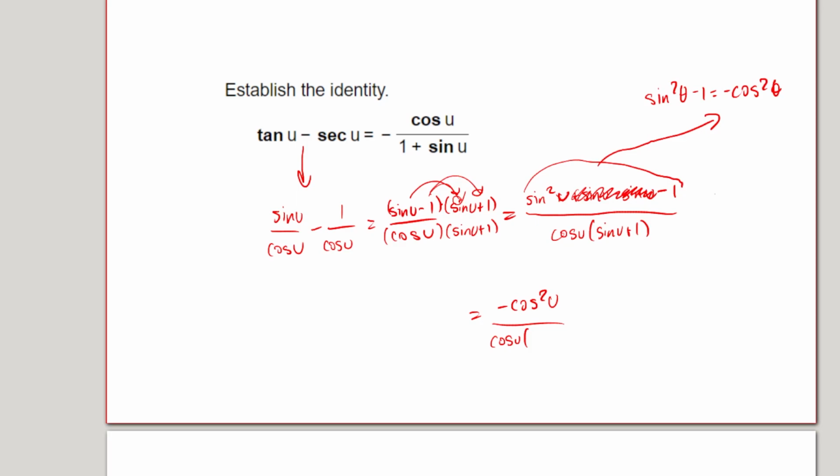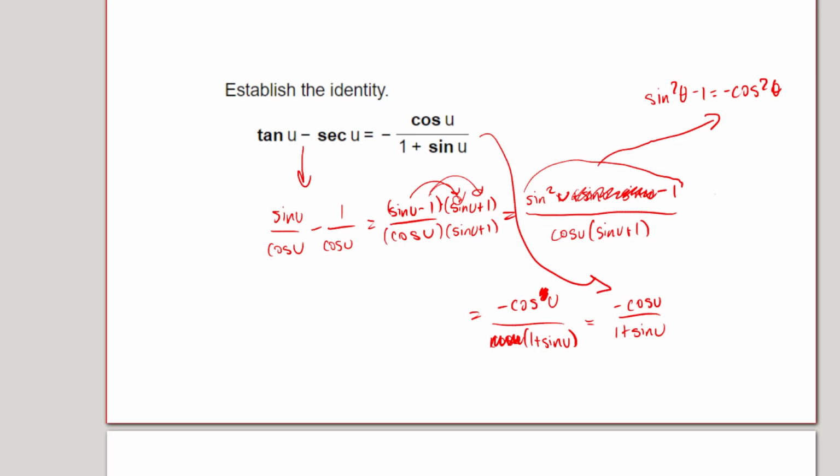It's the same thing as saying sine of u plus 1. I'm just going to flip the order, 1 plus sine of u. And now you can see we can cancel out this square on the top with this cosine of u on the bottom, and we'll get negative cosine of u over 1 plus sine of u, which is exactly our identity.